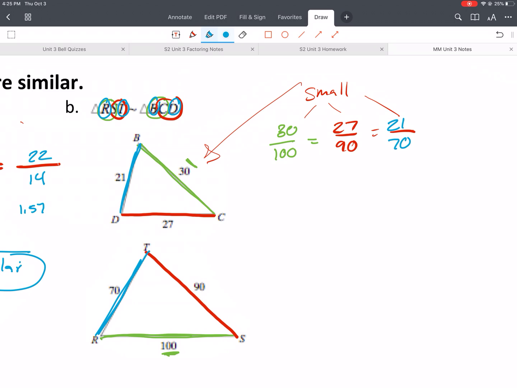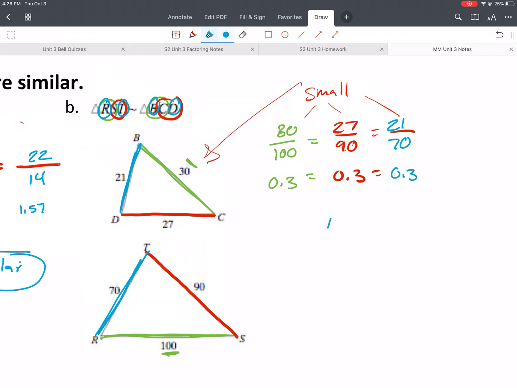All right, then we just need to simplify to see if they are equal to each other. So 30 divided by 100 gives us 0.3. If we do it for the red, that also gives us 0.3. And for the blue, what do you guess? It's also 0.3.